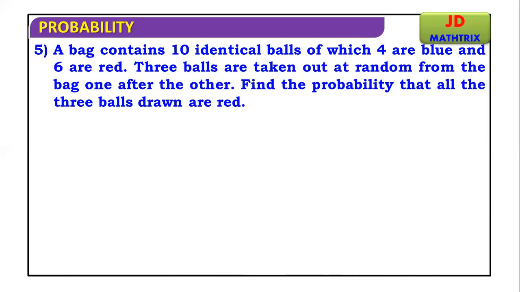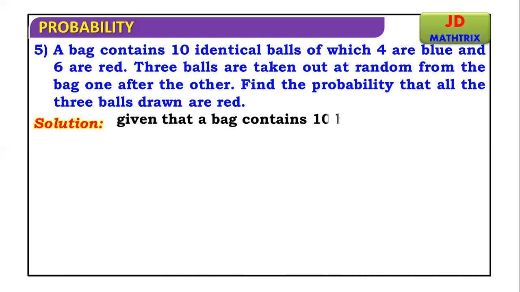But we want to find the probability that all the 3 balls drawn are red. That means we have to find the probability to get a red ball in the first draw, and corresponding to that, a red ball in the second draw, and corresponding to that, a red ball in the third draw. Right, first of all, given that a bag contains 10 balls of which 4 are blue and 6 are red.